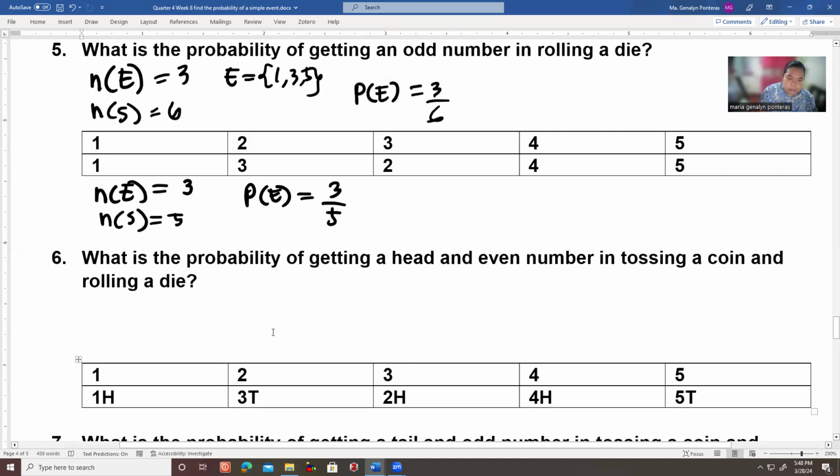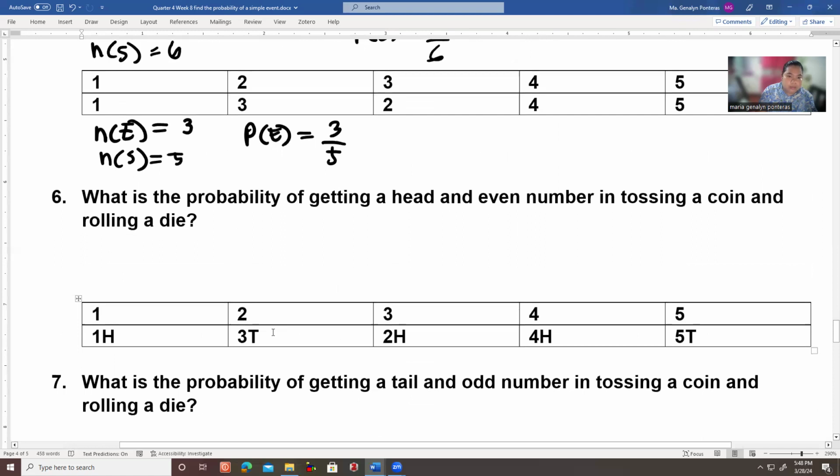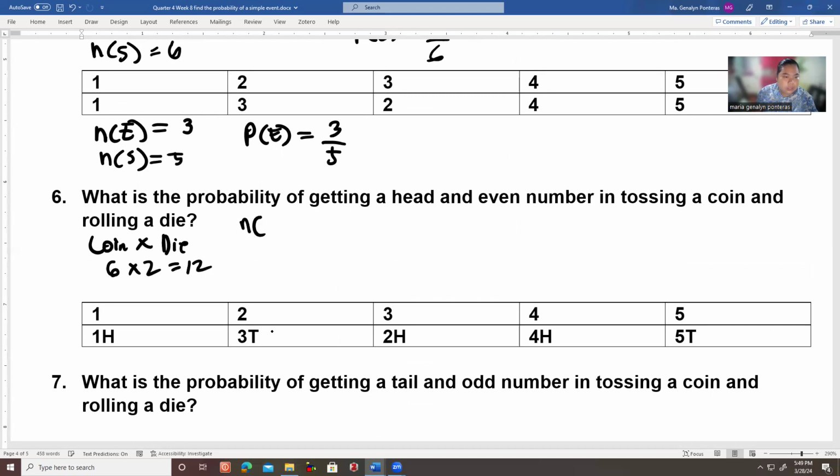Now, let's talk about the head and a tail. Head and even number. From our previous lesson, for coin times cardinality of die, that would be 6 times 2, that's 12. So cardinality of sample space is 12.